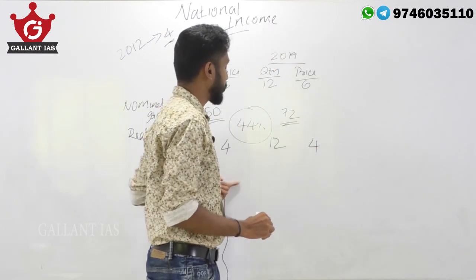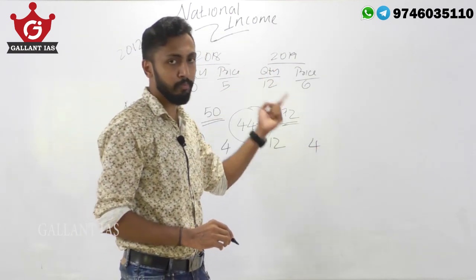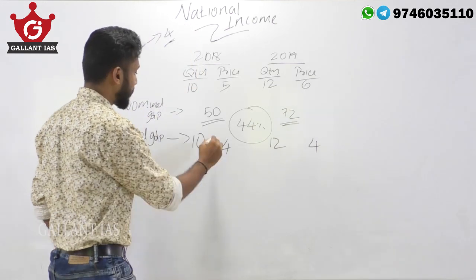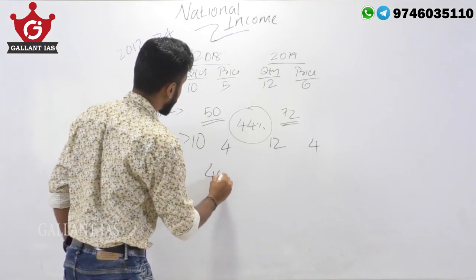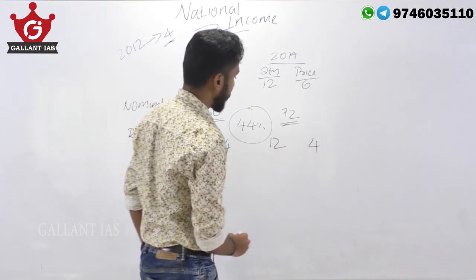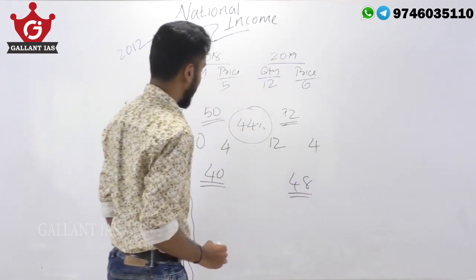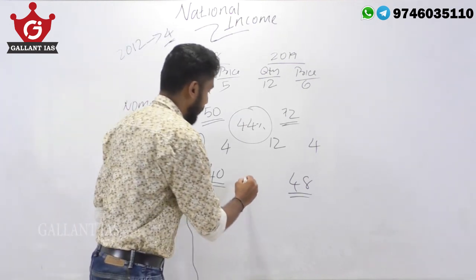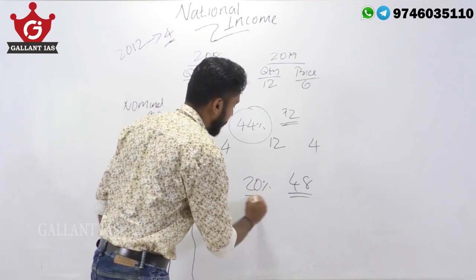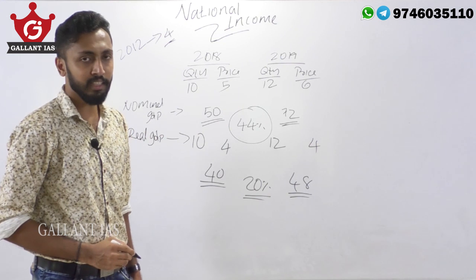The same base year price is used, so no difference in the price. The real GDP is 10 into 4, 40 in 2080 and 48 in 2090. Here there is a 20% increase in the GDP.